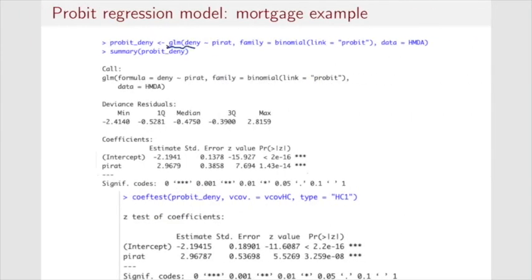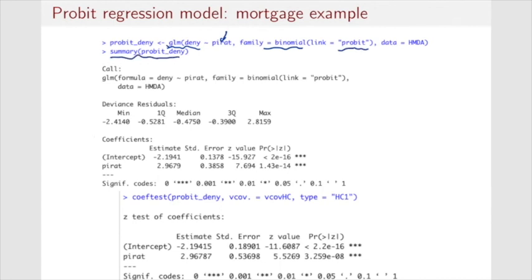We use the function glm in R to run the probit regression. The first argument is the same regression formula. The second argument is to identify the family, which is binomial for the binary dependent variable, and the model is probit.